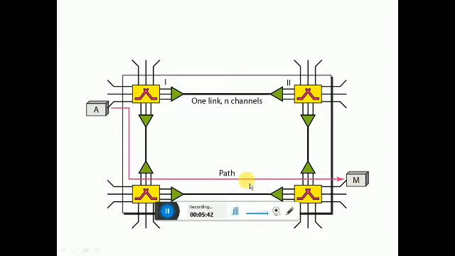This phase we call the data transfer phase. Once all the data is exchanged between sender and receiver, they disconnect the connection. This phase of disconnecting is called the connection teardown phase.